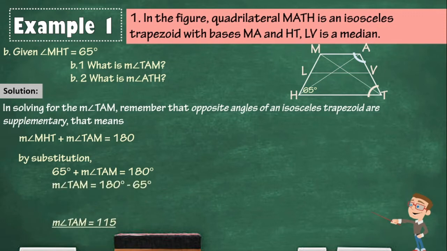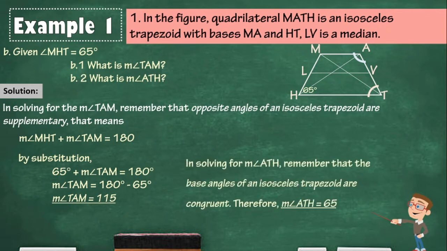Manipulating our equation, we will have the measure of angle TAM equal to 115. For B.2, the measure of angle ATH. Remember that the base angles of an isosceles trapezoid are congruent. Therefore, the measure of angle ATH is 65 degrees as well. It is easy.